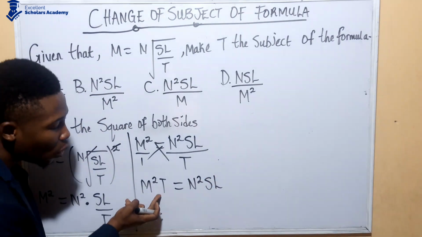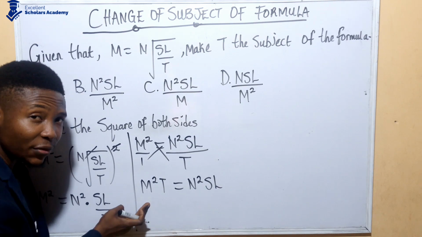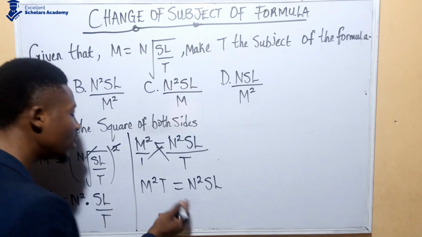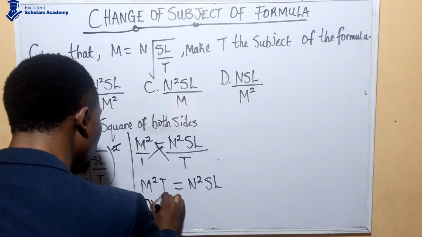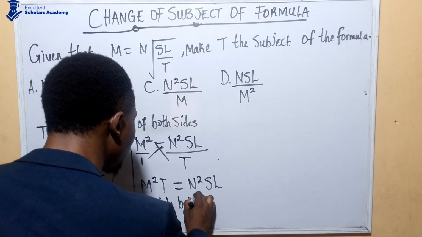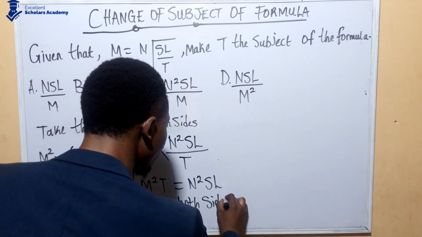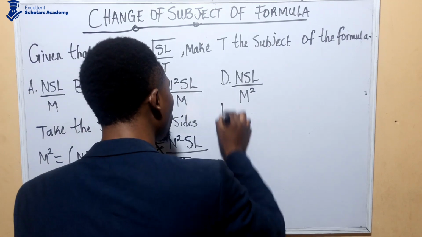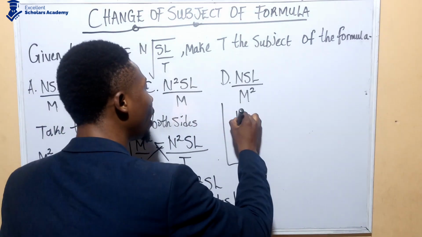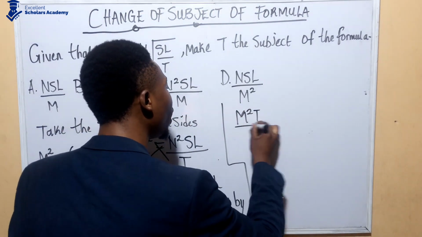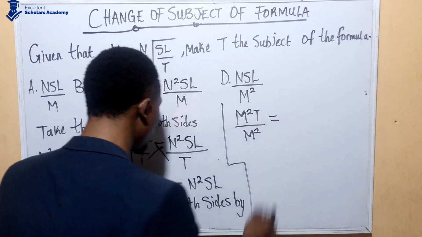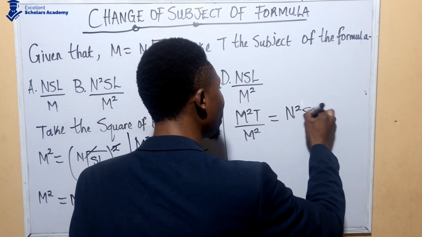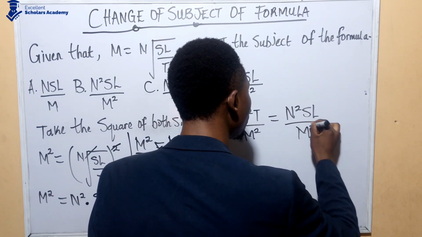Now, what is obstructing you from making T the subject of formula? M squared. Simply divide both sides by M squared. So M squared T over M squared is equal to N squared SL over M squared.